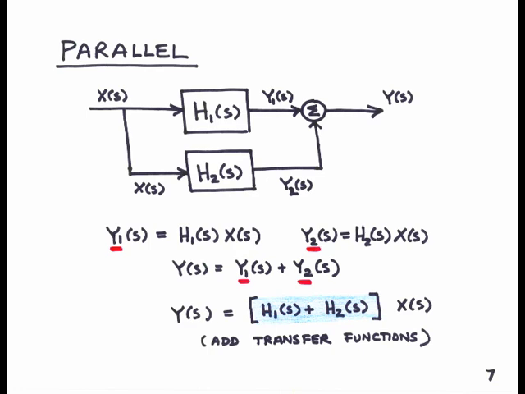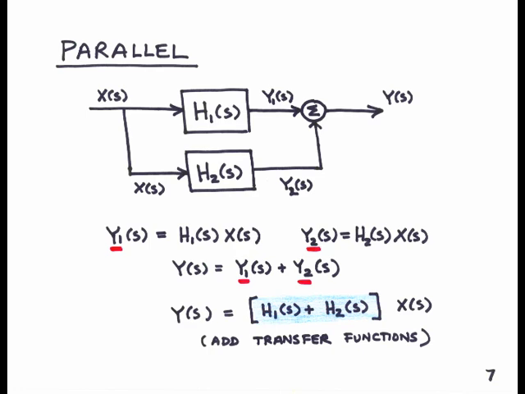We will find this by writing the equations for each of the blocks and for the summation. For system H1(s), we have output Y1(s) is equal to H1(s) times input X(s). In a similar fashion, for block H2, we have Y2(s) is equal to H2(s) times X(s).